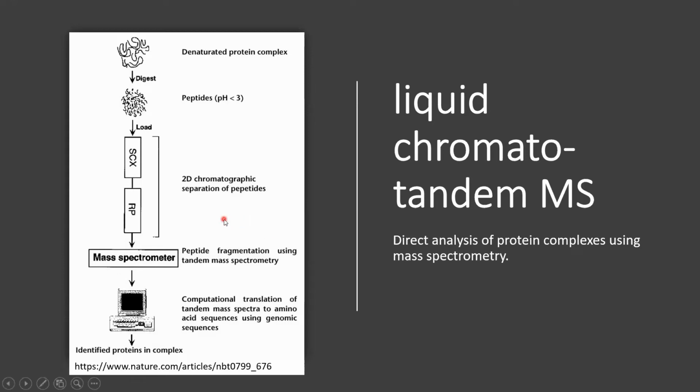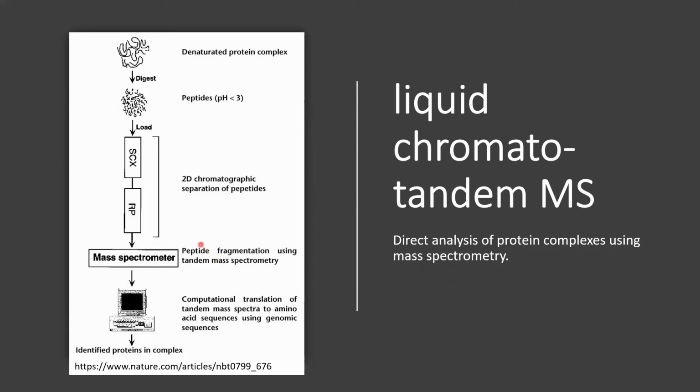The acidified peptide mixture is loaded onto the SCX column. A discrete fraction of peptide is displaced from the SCX column to the RP column. The fraction is eluted from the RP column into the mass spectrometer, as you can see in the figure. This iterative process is repeated.